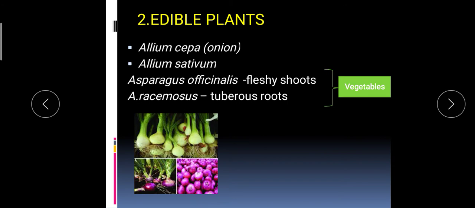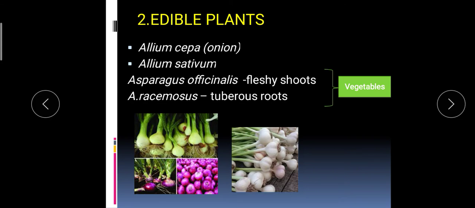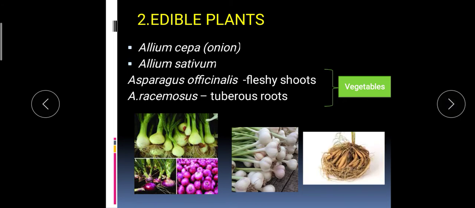This is the garlic, Allium sativum, and this is the onion, Allium cepa, and this is also Allium cepa, that is onion, and this is Allium sativum, garlic. All these bulbs are the consumable, edible parts. And this is the asparagus roots, tuberous roots of asparagus. Clear? So these are the edible plants.